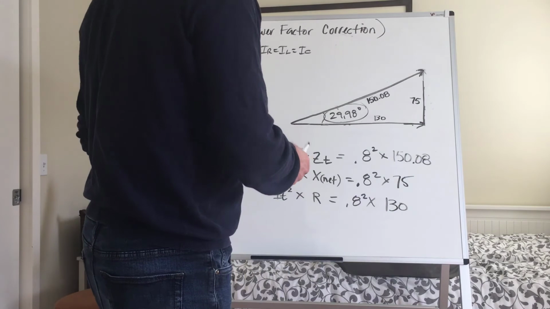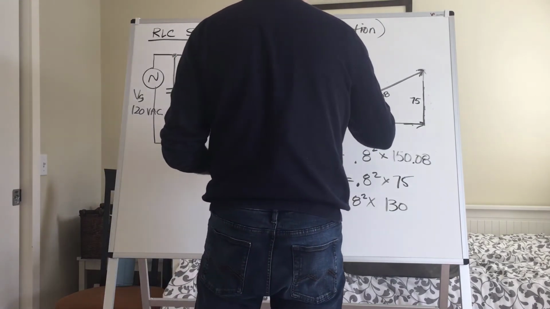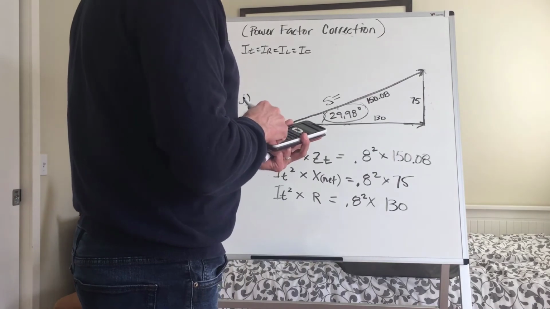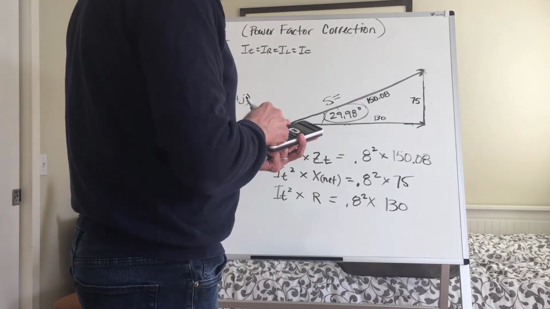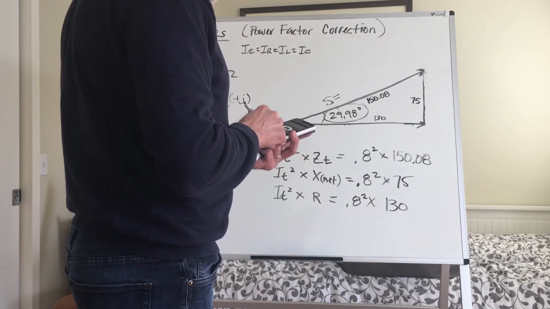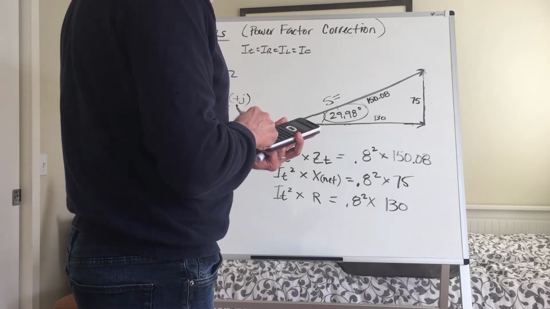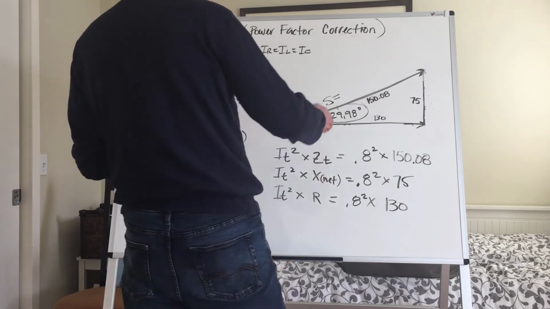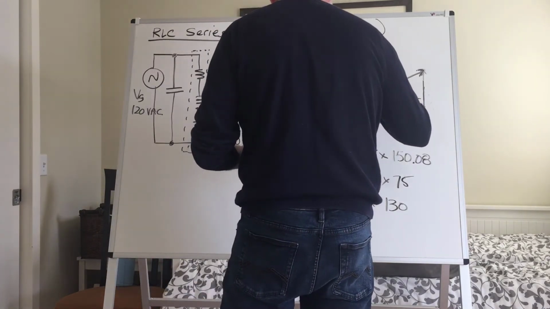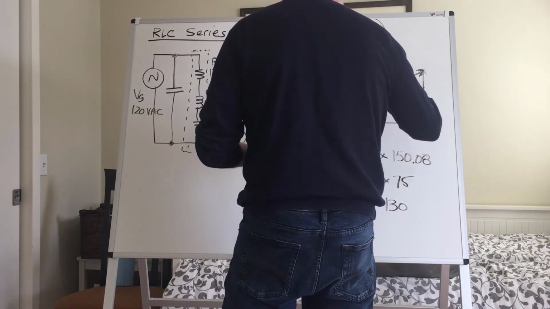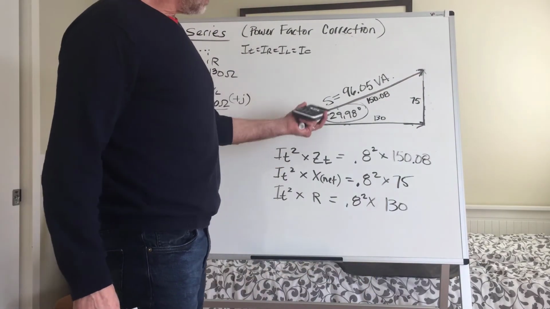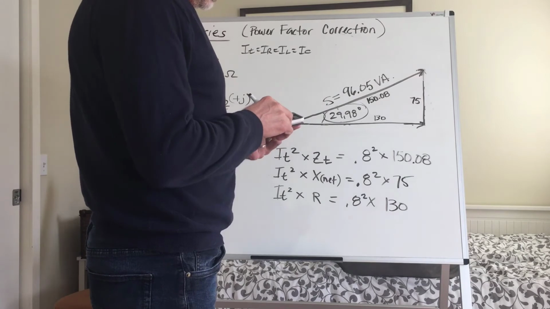Okay, so let's start with our total S. Now remember, this is going to be our S value, our VA value. So that's going to be 0.8 squared times 150.08. That's going to give us 96.05 VAs, and we know the angle of those VAs is 29.98.